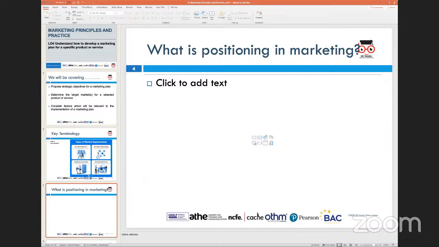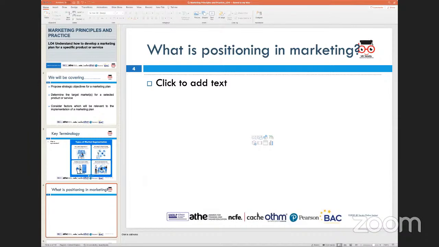So positioning tends to be an important part, because it provides the company an avenue to introduce its product, and that introduction would allow it to meet certain types of consumer demand.